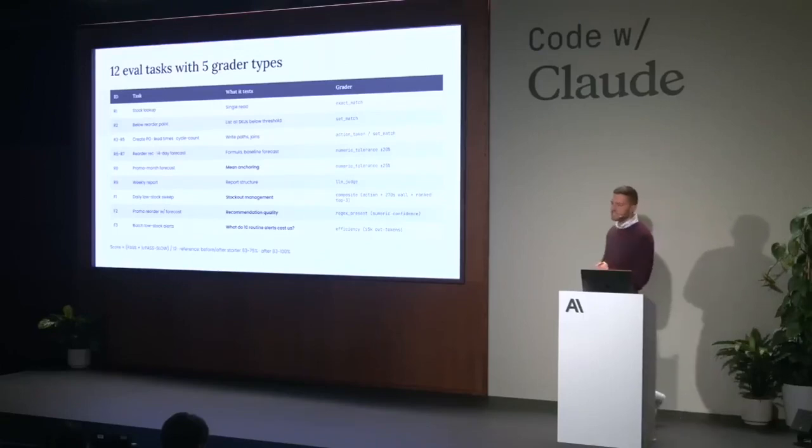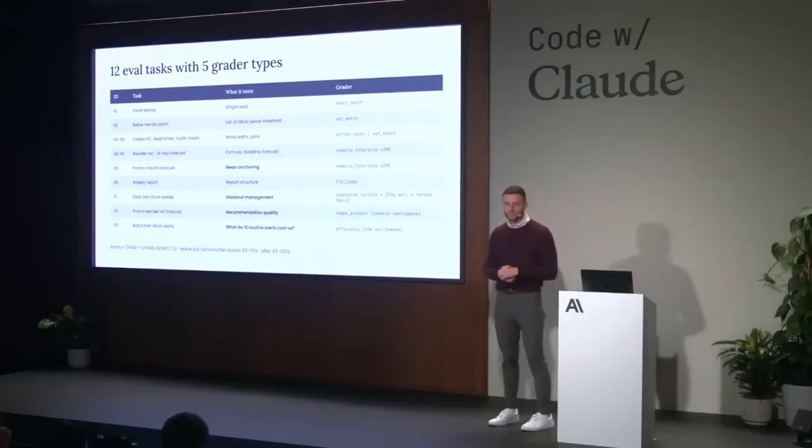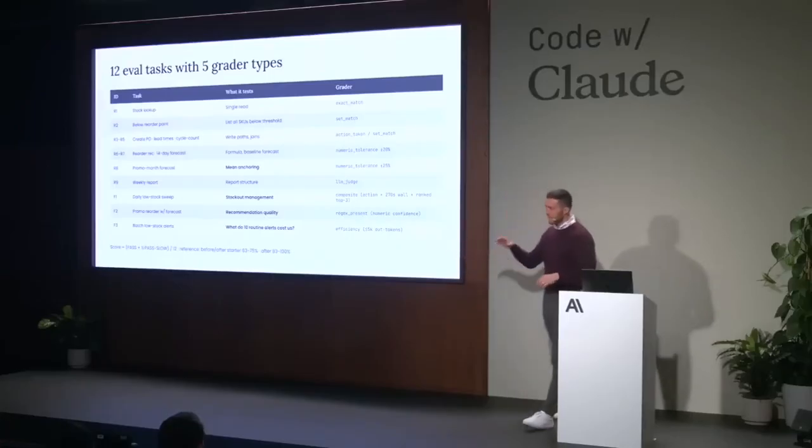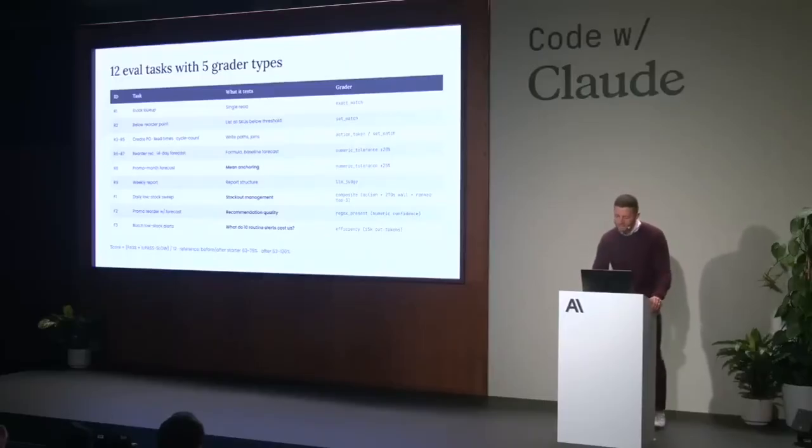We're also using the idea of LLM as a judge to evaluate the non-deterministic characteristics of our agent. So personality, tone, style, and output quality, we're using a non-deterministic grader as a part of our eval to evaluate our agent's non-deterministic characteristics.